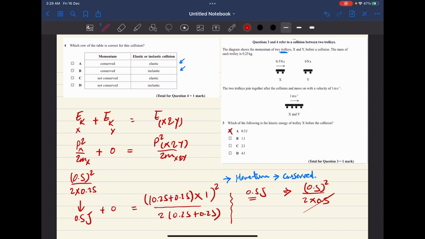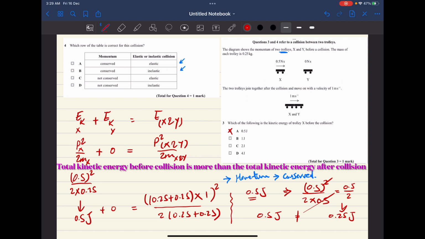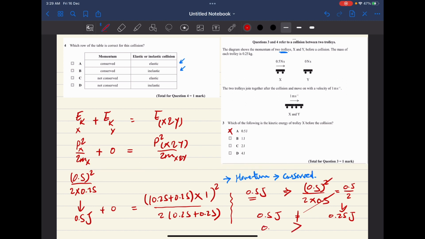We cancel out the 0.5 with one of the squares, so it gives us 0.5 over 2. So the right side I found is 0.25 joule, and the left side was 0.5 joule. So they are not equal. The initial kinetic energy before the collision is greater than the kinetic energy after collision.